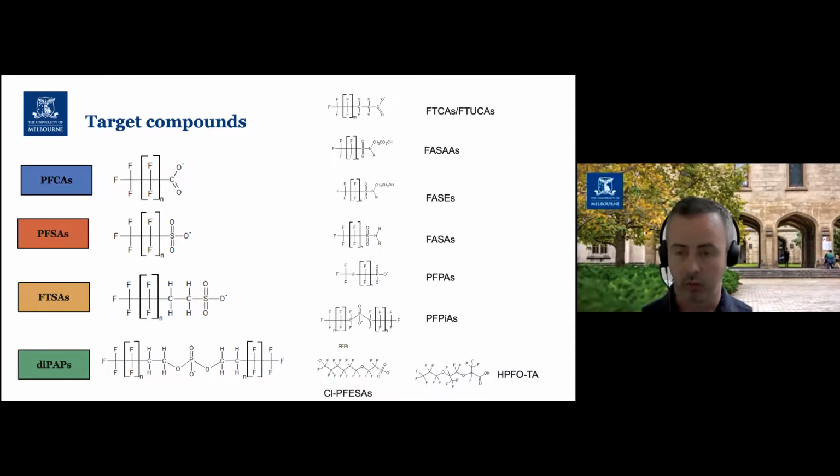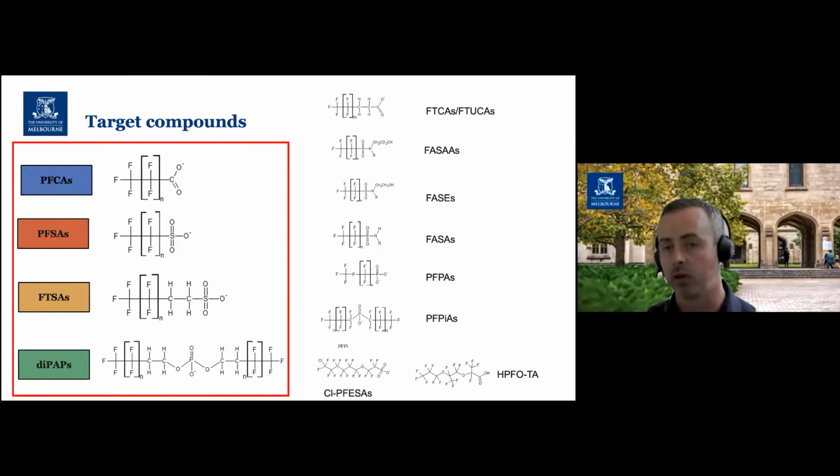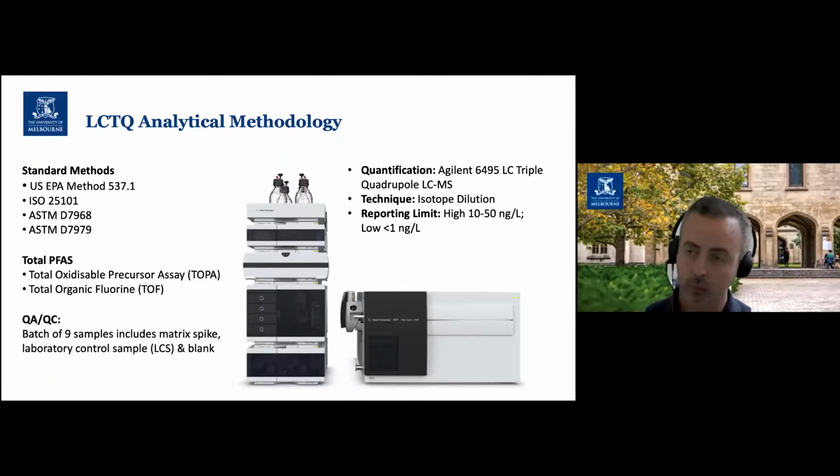We have the capacity to measure about 60 different PFASs, which is one of the largest suites of PFASs in Australia. So we monitor a range of legacy and emerging PFASs. The method we use is called isotope dilution. Isotope dilution is the gold standard for quantitation for these types of chemicals, and you use an instrument called a triple quad mass spec.